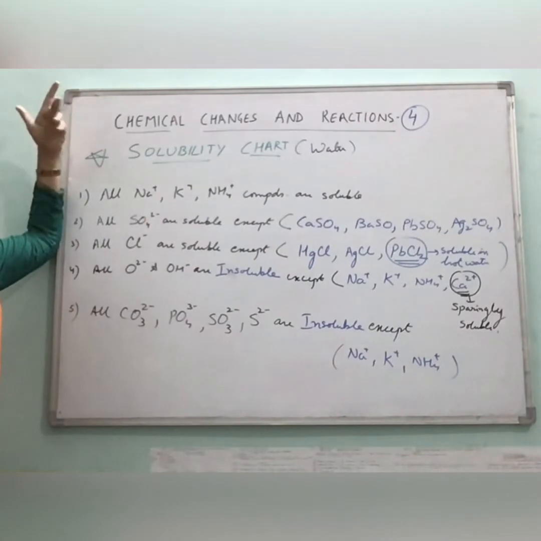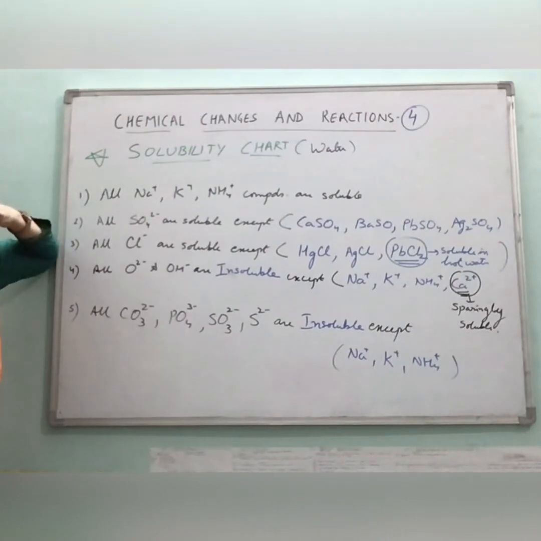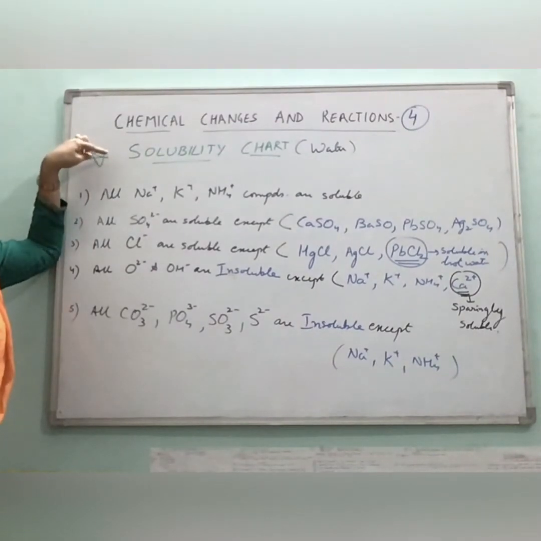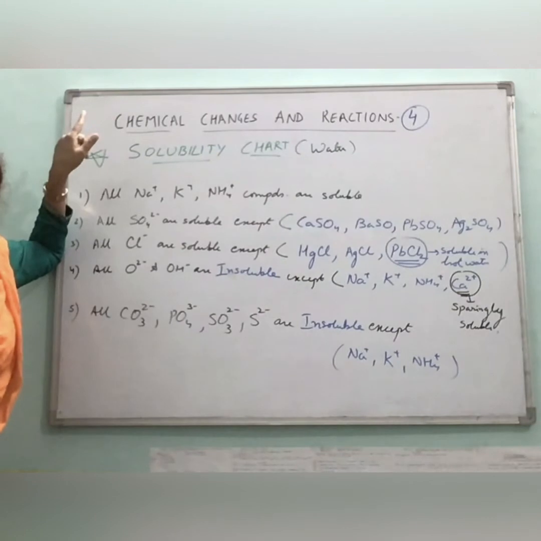Now your problem of precipitation will be solved. For precipitation, what do we need? 2 compounds. In which form? Solution form. They should be soluble. And one product should be insoluble. Then only the reaction would take place, and that reaction is called what?